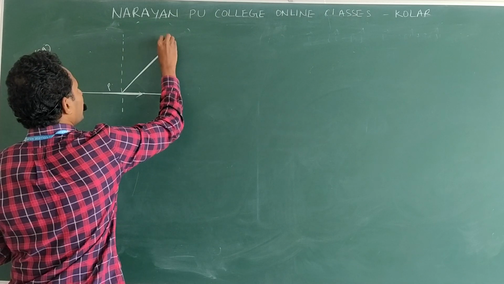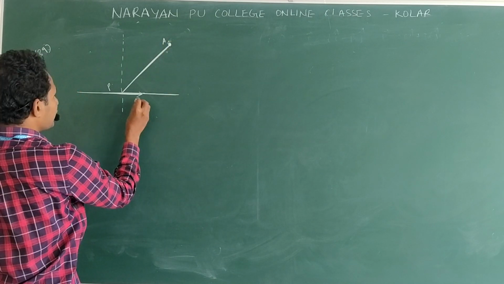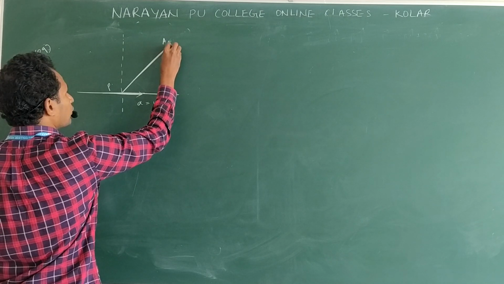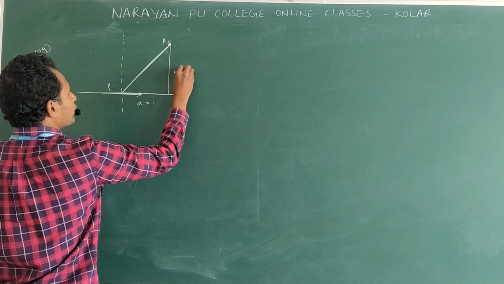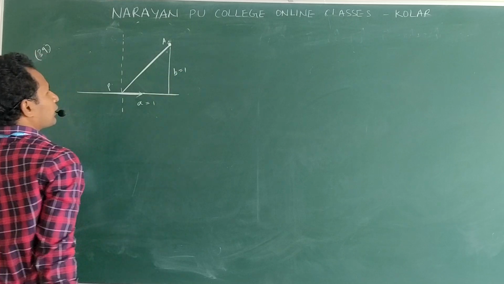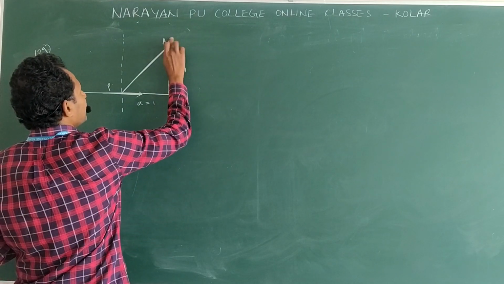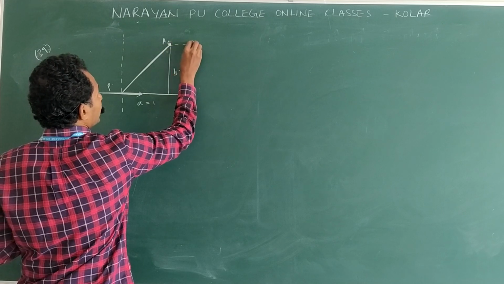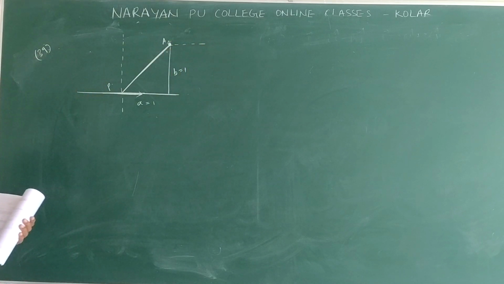This is point A, and this distance they mentioned A is equal to 1 and B is equal to 1. They are asking electric field direction with respect to x-axis.